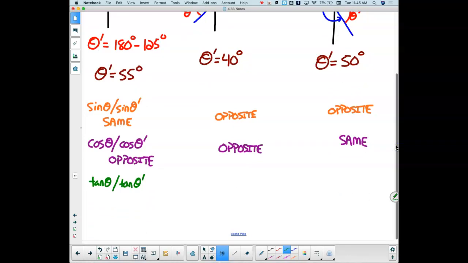First one, opposites. Second one, same. Third one, opposites.